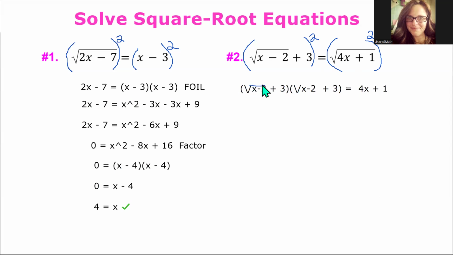The square root of x minus 2 times the square root of x minus 2 is just x minus 2. Square root of x minus 2 times 3, we get plus 3 square root of x minus 2. And then plus 3 square root of x minus 2. And then 3 times 3, we get plus 9.